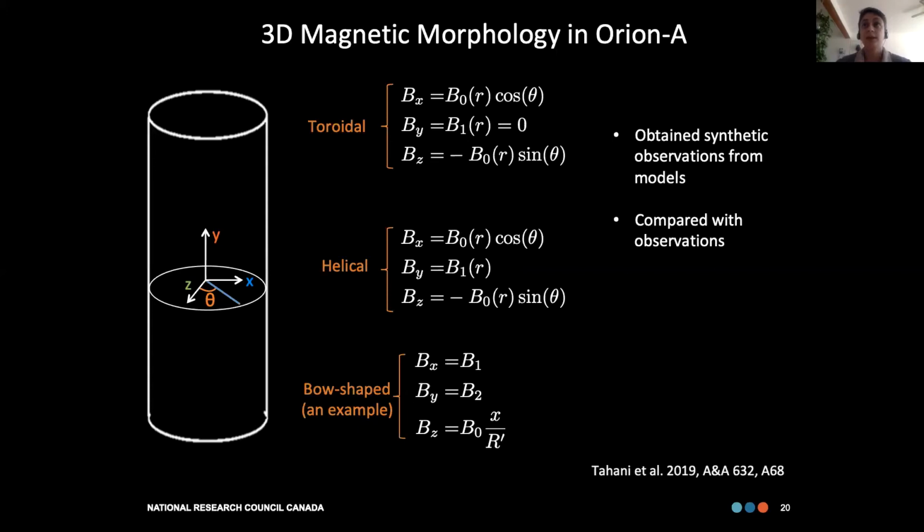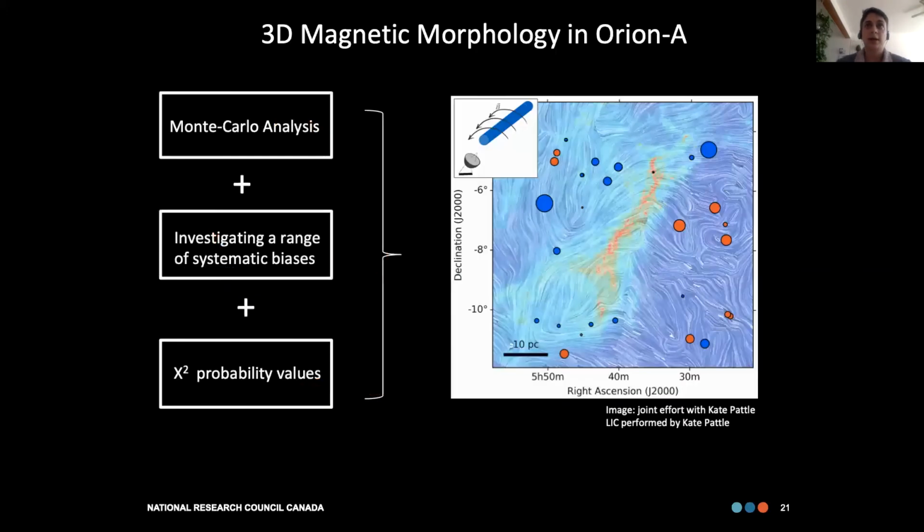So we obtained synthetic observations from our models and compared them with observations. Because we are using two different methods, we also investigated the systematic biases between the Faraday rotation method that I explained and the Planck observation, using a series of Monte Carlo analyses investigating systematic biases and chi-squared probability values.